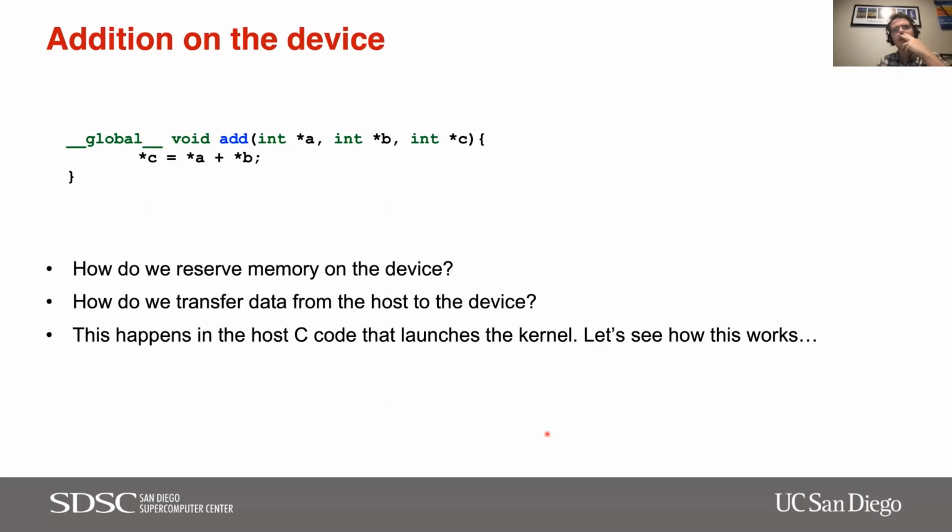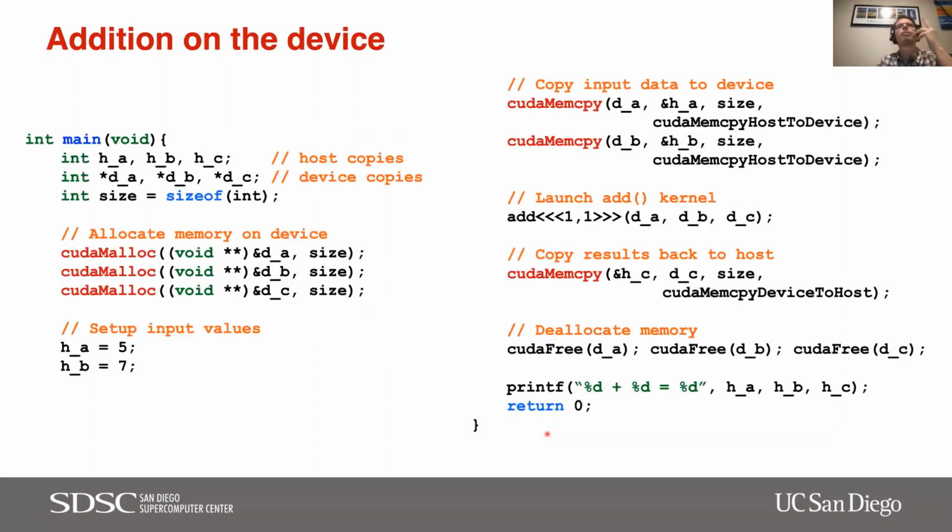So we have this addition, and so now here's a lot of code, but don't worry. This is data that we have on the host, so I prefix it with h to say host and d for device. So we have a, b, and c, those are three integers. They exist on the CPU. And these are pointers, right? And what I do now is, well, I want to have integers, so I define the size here, a size of int.